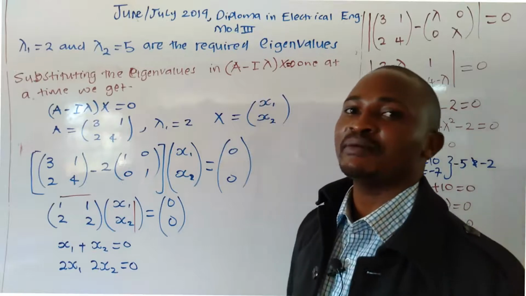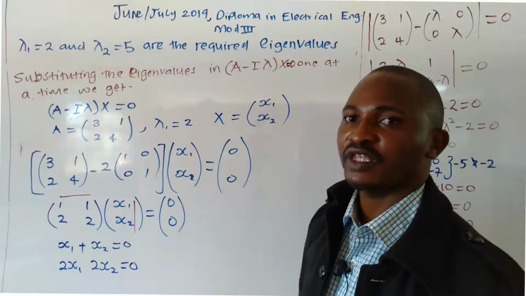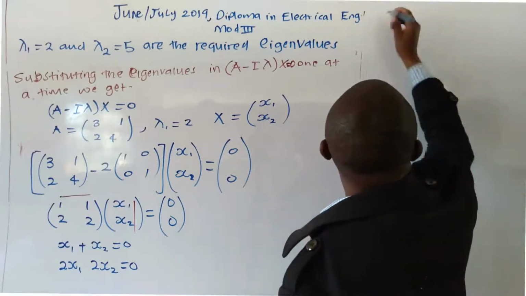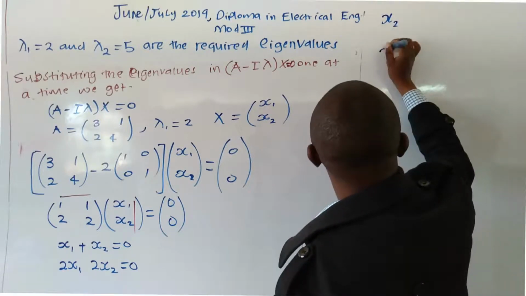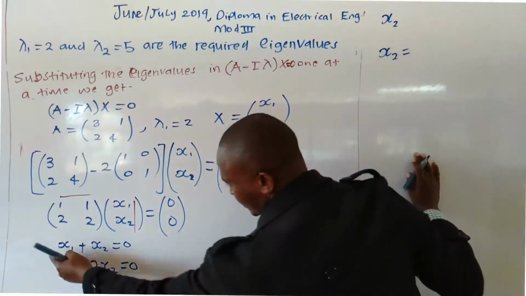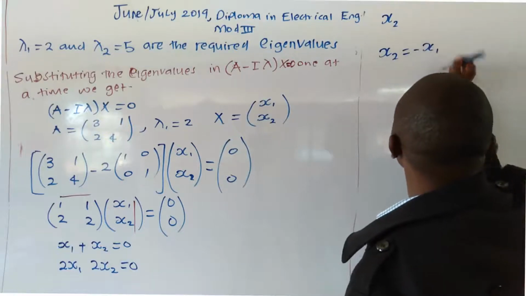We can only write them as a relation between the two of them. We say x2, we write it down here, x2, take the x1 to the other side of the equation, is equal to negative x1.